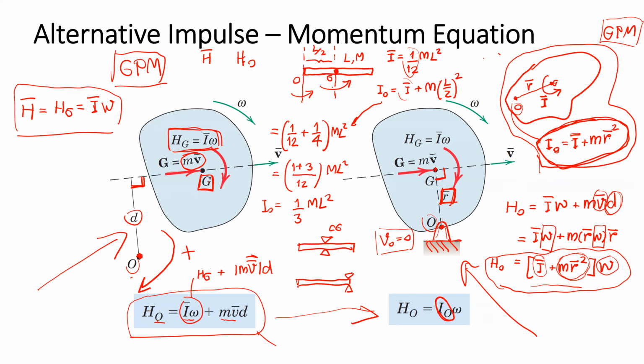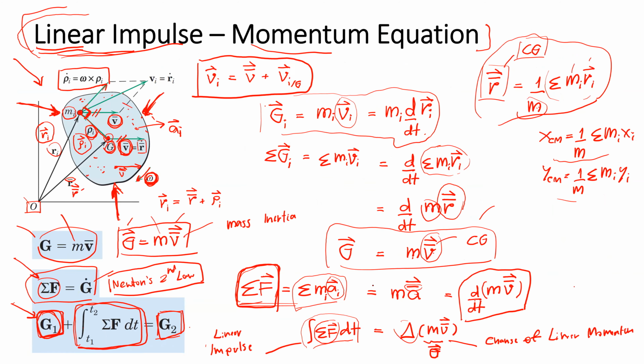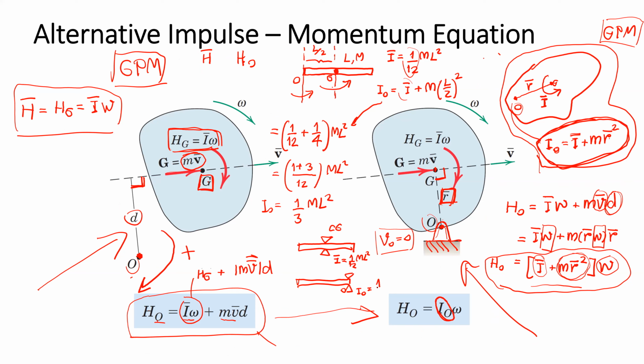So what I'm going to say is, in the first case, I bar is equal to 1/12 ml square, approximately. In the second case, I about O is equal to 1/3 of ml square.